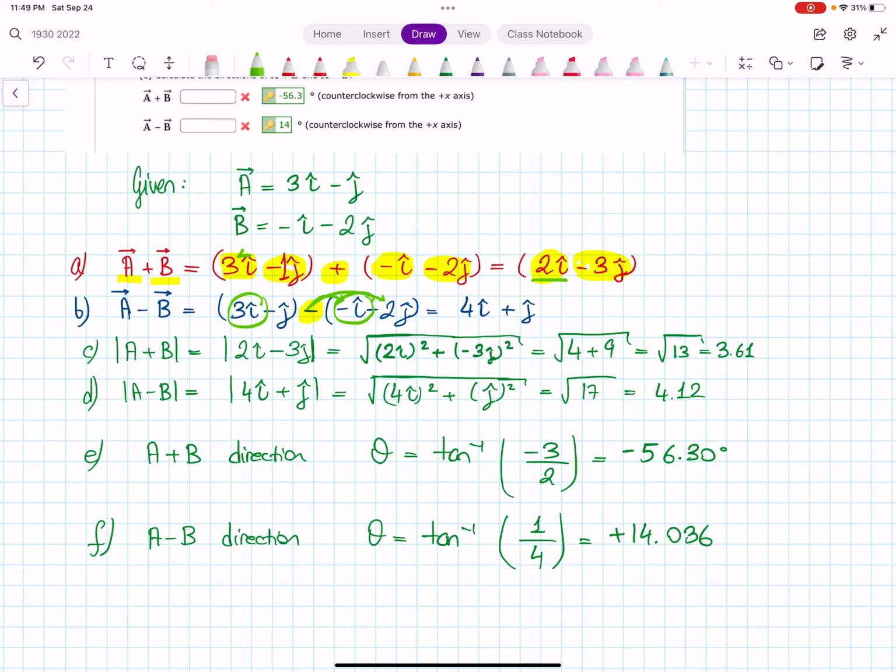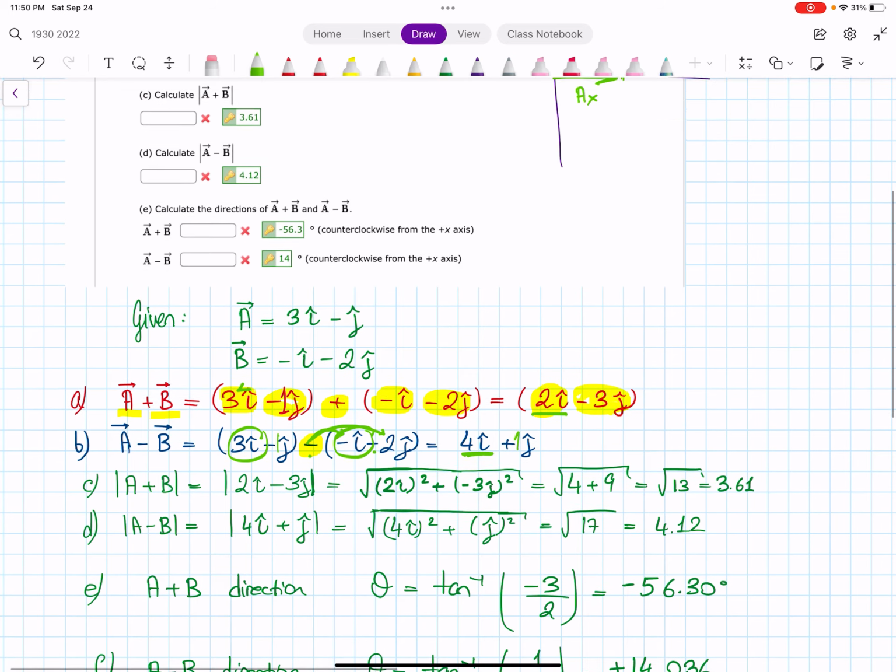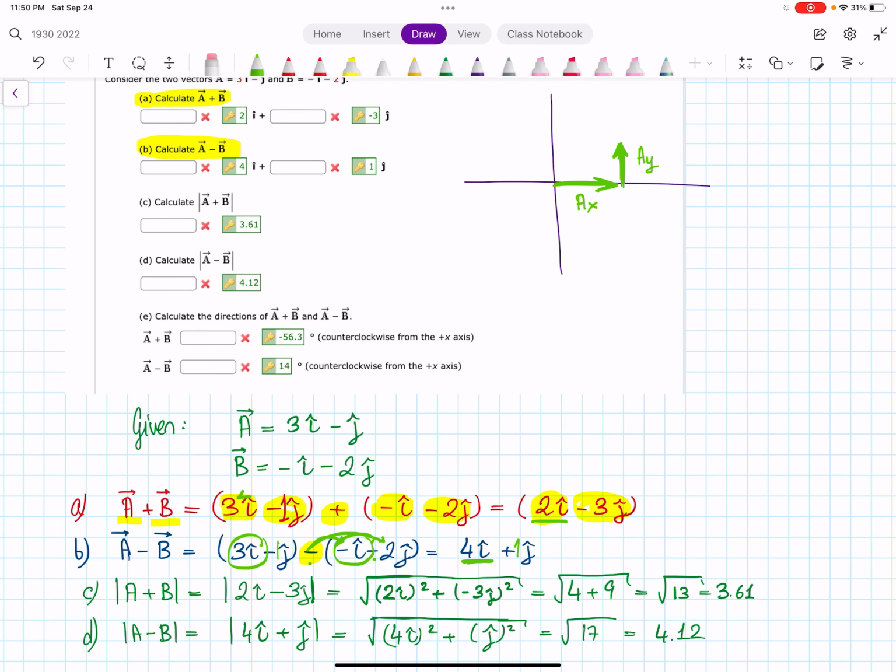That's going to give you 3 plus 1, which is 4. Then for the vertical, -1 minus -2. -1 plus 2 is going to give you +1. So you plug in the 4, then you plug in the 1.